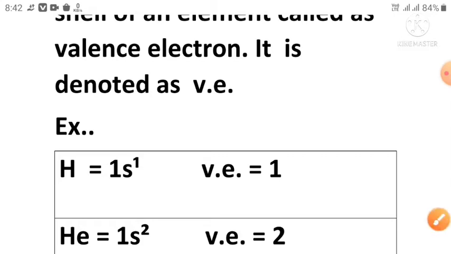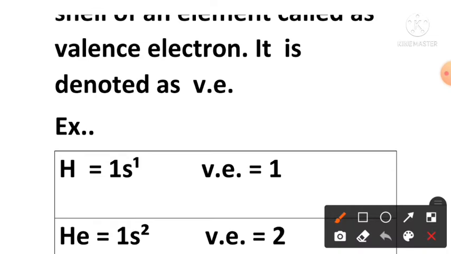Now, here examples are given, with the element and its electronic configuration, and beside it valence electron is also mentioned.